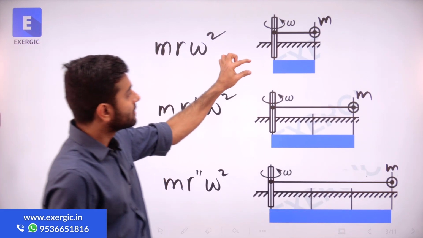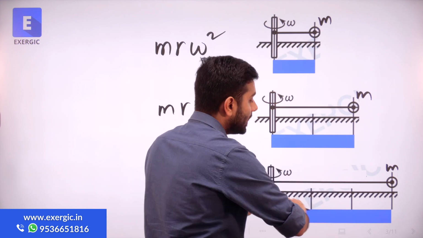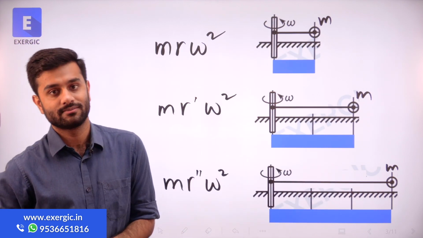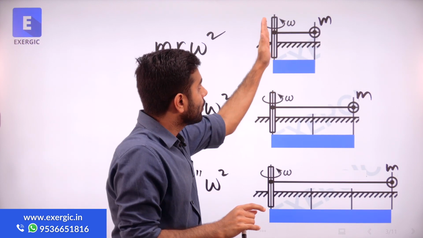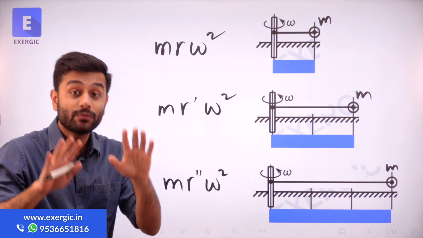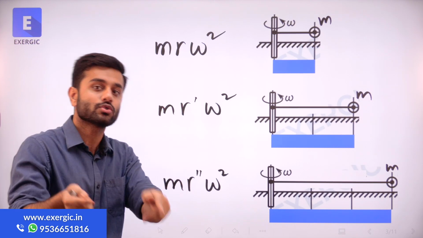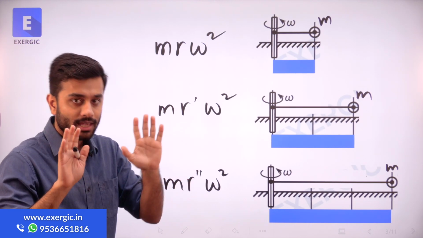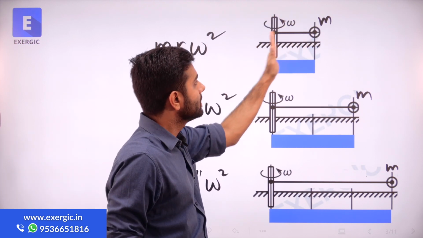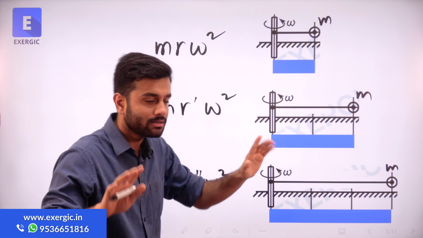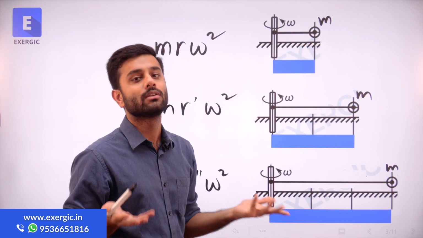So this strip is representing the value of centrifugal force, which is not going to change from the center up to that mass, if you consider centrifugal force only due to that mass. If I consider centrifugal force only due to this mass, will it change from the center to here? No. Why?